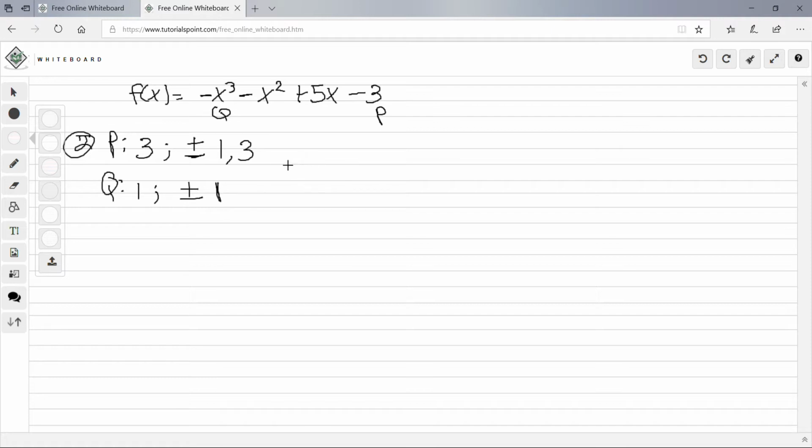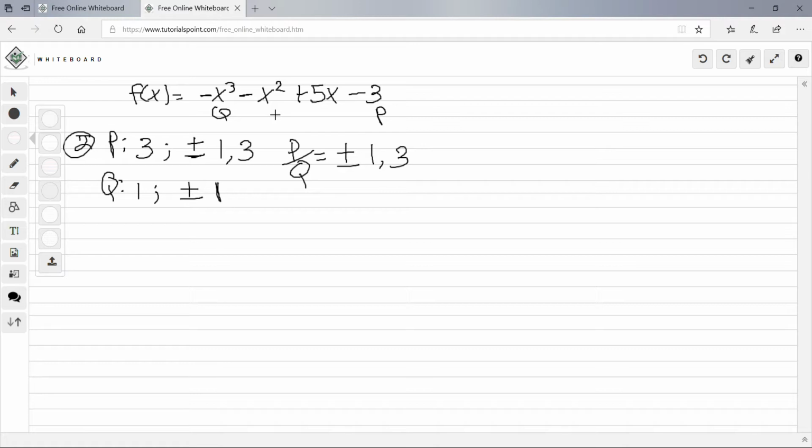So the rational zero theorem is p over q. Our possibilities, or our zeros, are plus or minus 1 and 3, because when you do p over q, 1 over 1 is 1, and then 3 over 1 is 3. So those are our possibilities.